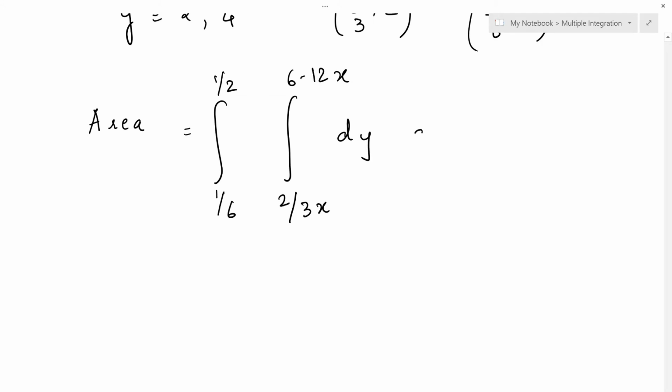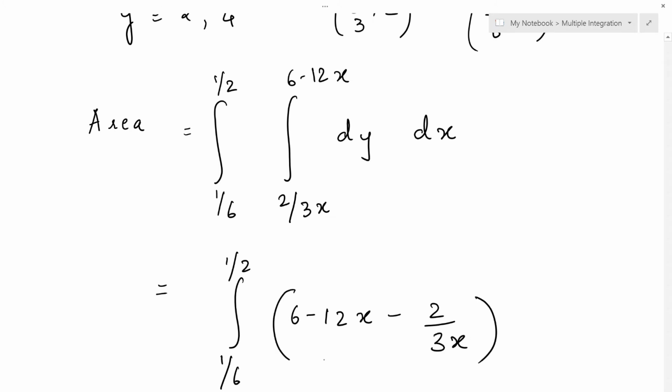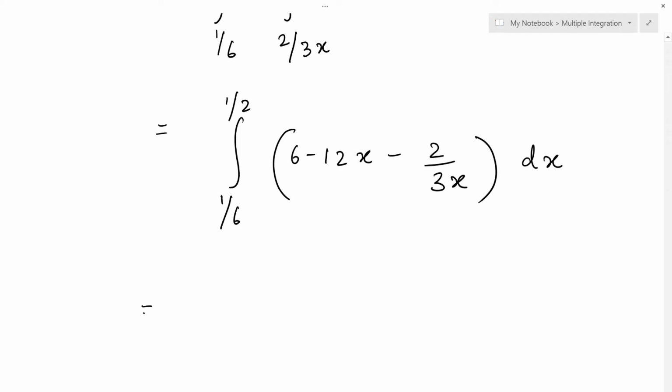First you integrate with y and then with x, because we have taken a strip parallel to the y-axis, as you know. So that is 6 minus 12x minus 2 by 3x, upper limit minus lower limit. Then you integrate this with x.